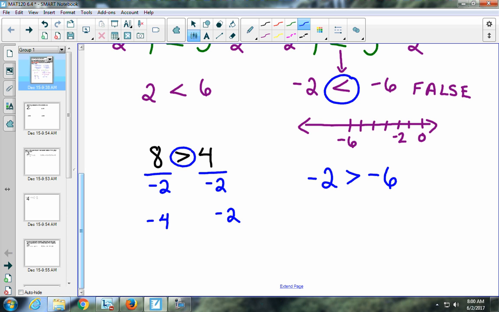If I just brought that inequality symbol down, I still end up with a false statement. Negative 4 is not greater than negative 2. So what we do is flip that inequality symbol around.